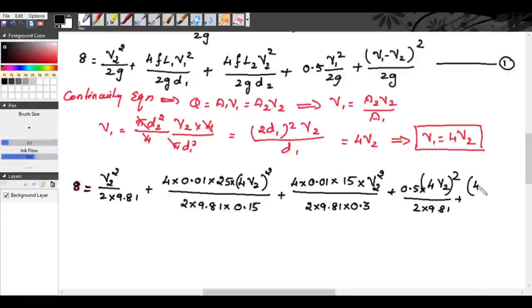So V1 is 4 V2 minus V2 the whole square divided by 2 into 9.81. So here the only unknown is V2, from which we get V2 is equal to 1.113 meter per second.